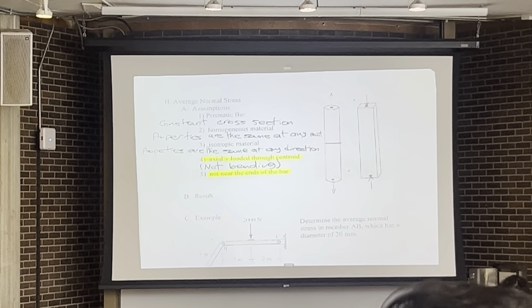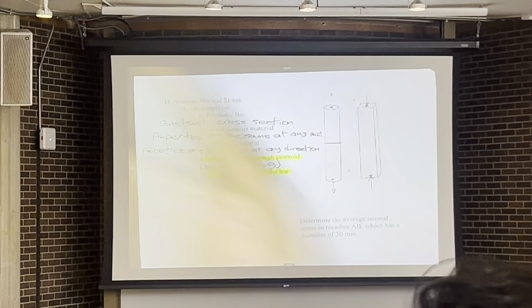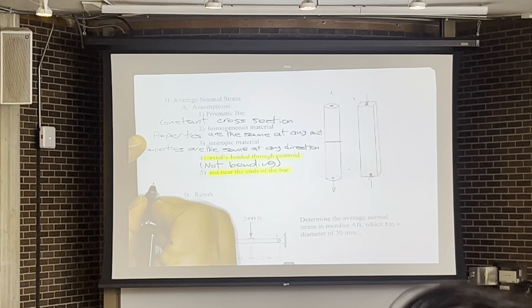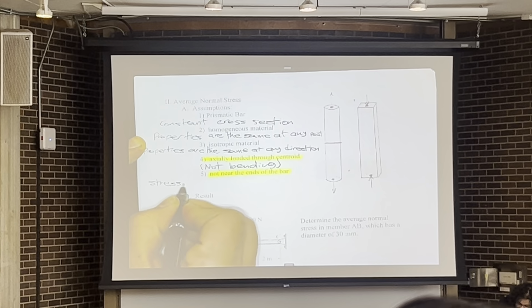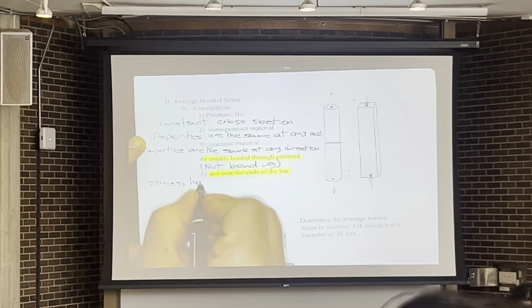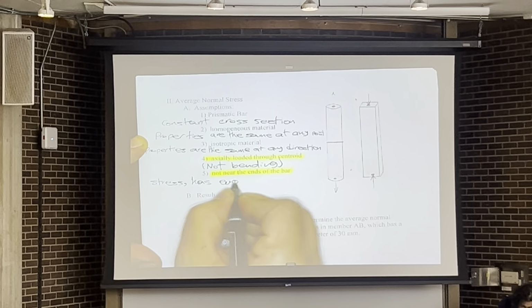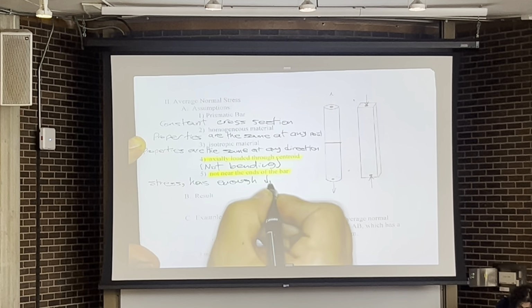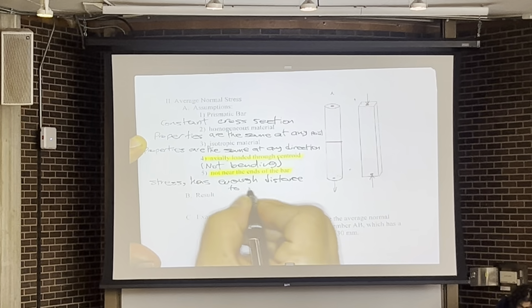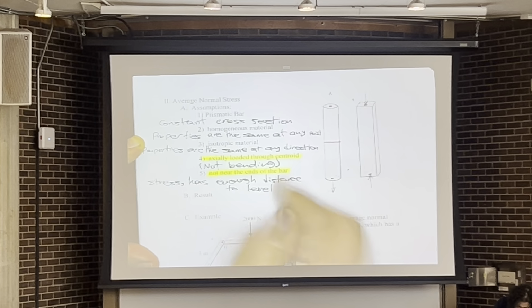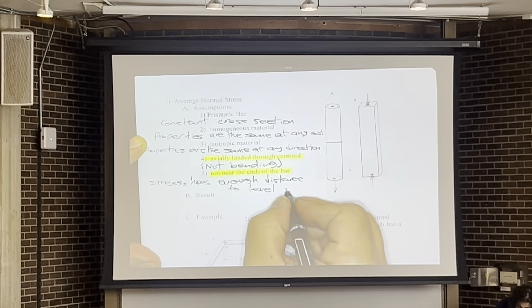So I'm going to say that we do not have any stress concentration, or in other words, stress has enough distance to level out. This is the meaning of this fifth assumption, or fifth condition.